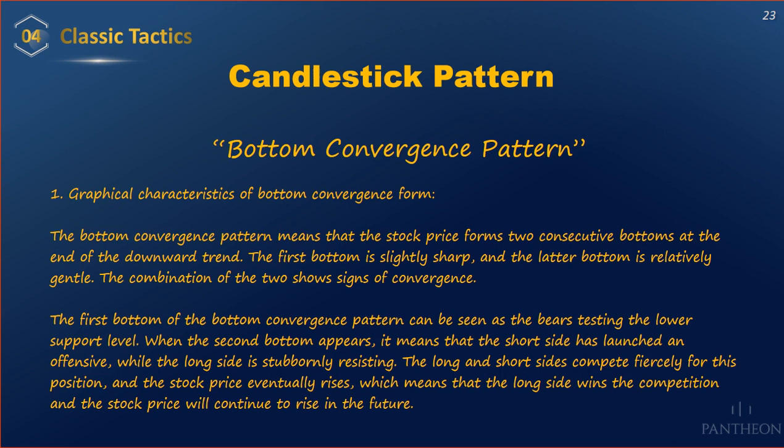So it becomes a bulls and bears battle. If the stock price ultimately rises, it only means one thing: the bulls have won the battle, and the price will continue to rise in future.